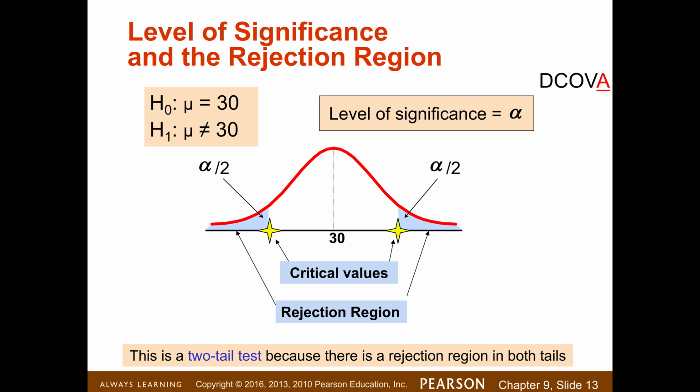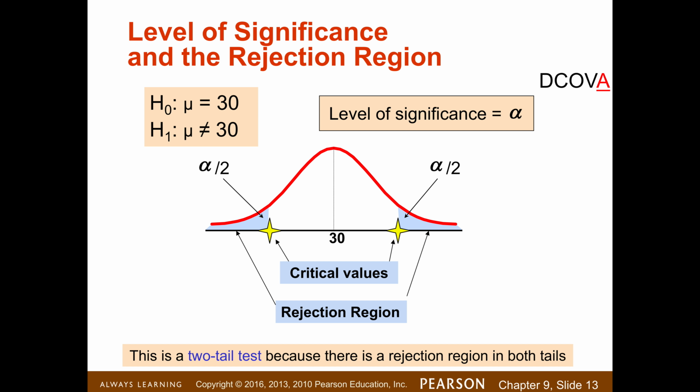If we fall between the two yellow tails, we're in what's called the fail to reject region. So what happens when we reject H sub O? Well, reject H sub O means there's more support for the statement in the alternative hypothesis. If we get something between the two yellow stars, then there's more support for the null hypothesis that the mean is 30.